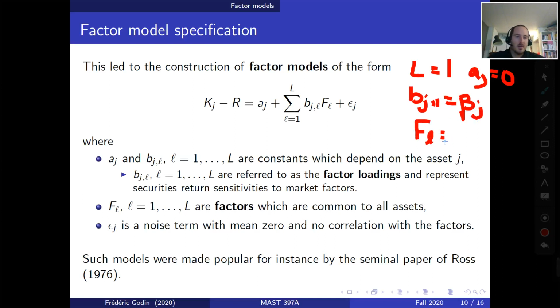Here L must be exactly 1 because there's only one factor. The factor will be equal to the return of the market portfolio minus its expected return.